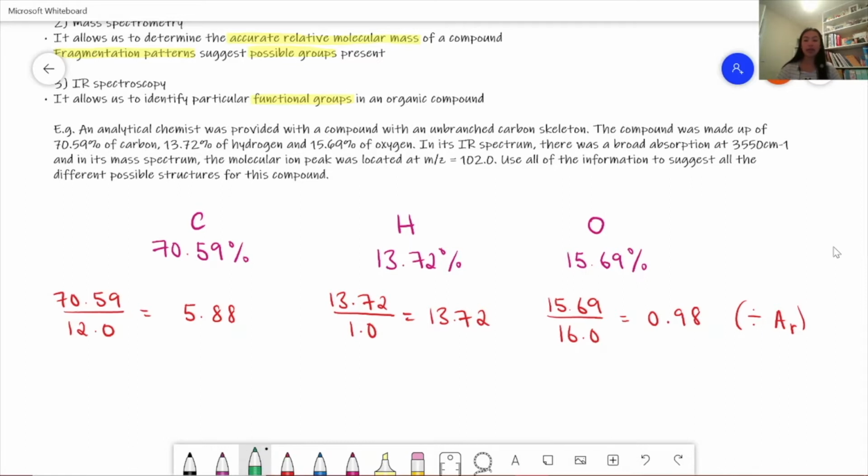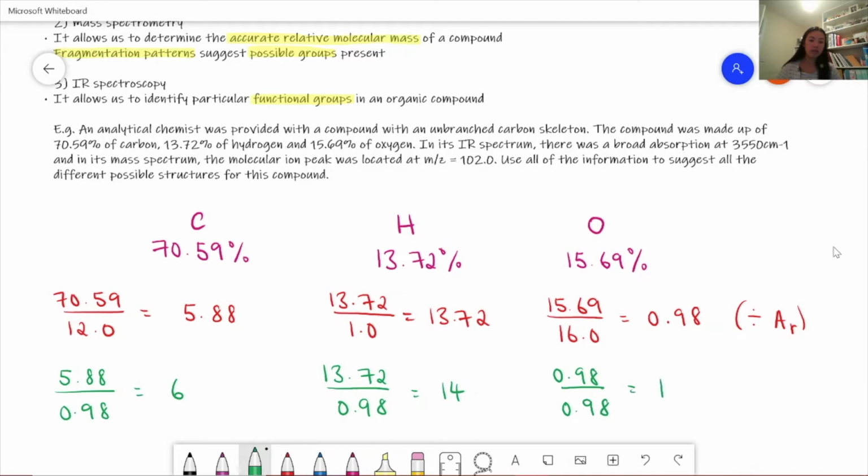And then the second step is to divide by the smallest. So the smallest is this 0.98. So we have 5.88 over 0.98, which is equal to 6, and then 13.72 divided by 0.98 is equal to 14, and then finally 0.98 divided by 0.98 is equal to 1.